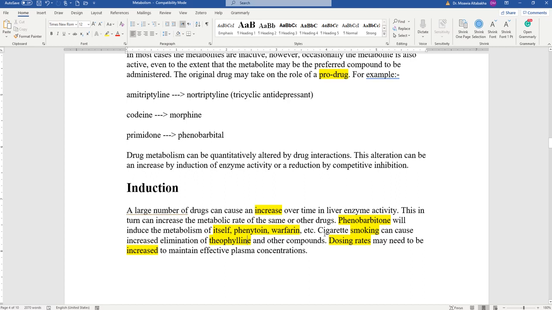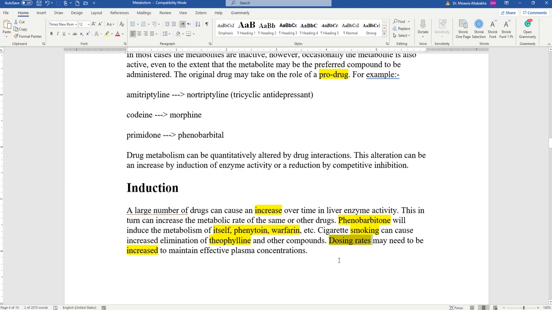طيب, in these cases شو بتسوي في الدوزing rate؟ Do you need to reduce the dosing rate or do you need to increase the dosing rate? Which one? What do you think? Because elimination is increased by induction, then normally this means you have more elimination, then you need to increase the dosing rate to maintain effective plasma concentration.